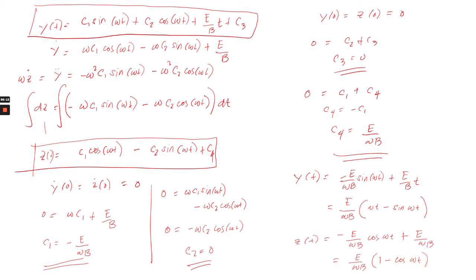Okay, so we have this equation and this equation. We can somehow simplify this to eliminate the sine omega t or cosine omega t.